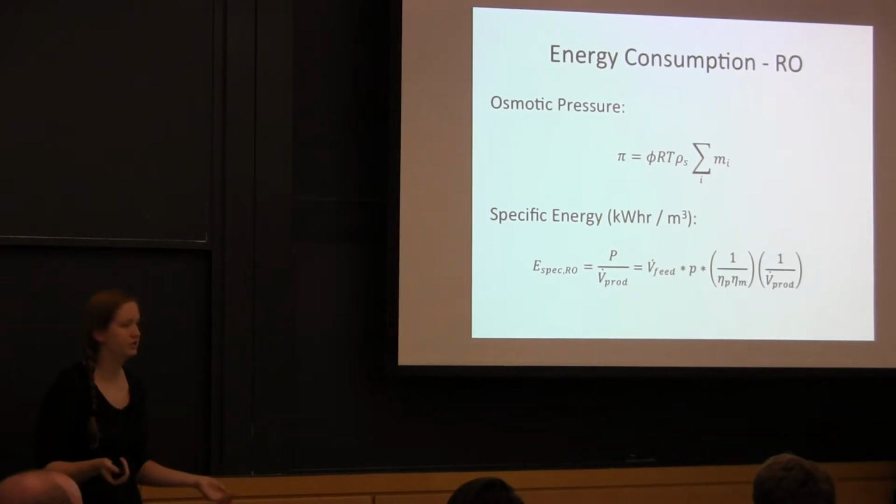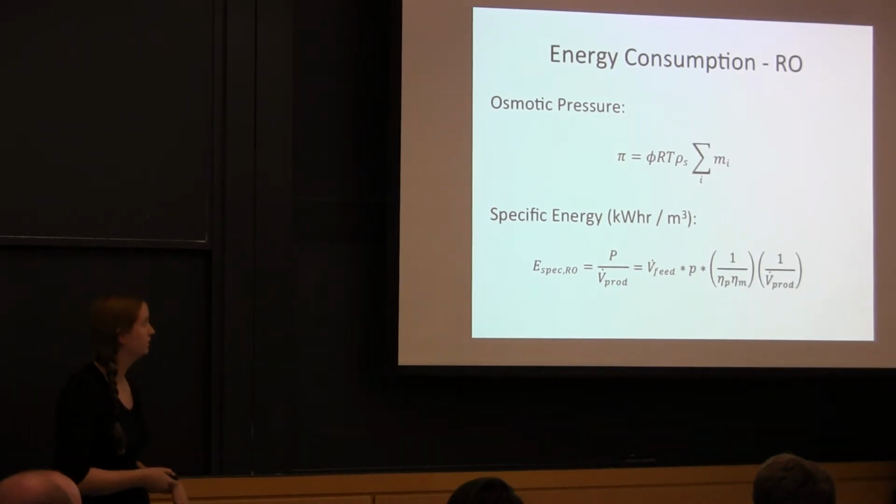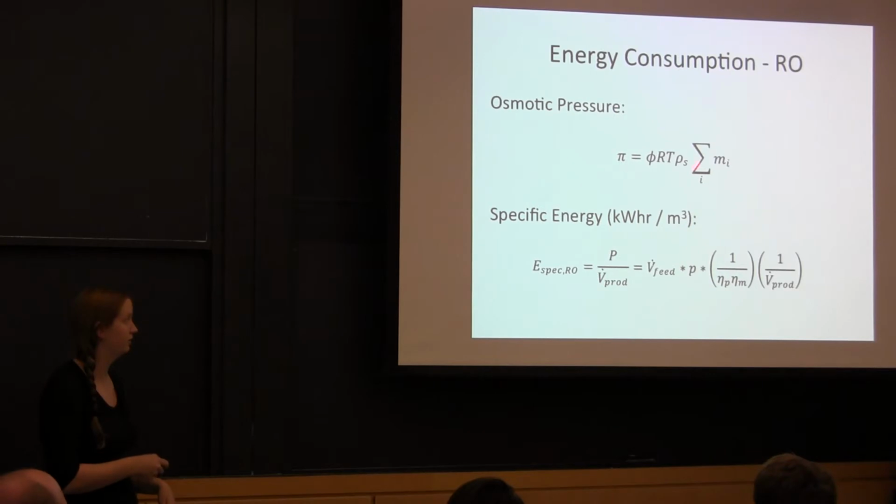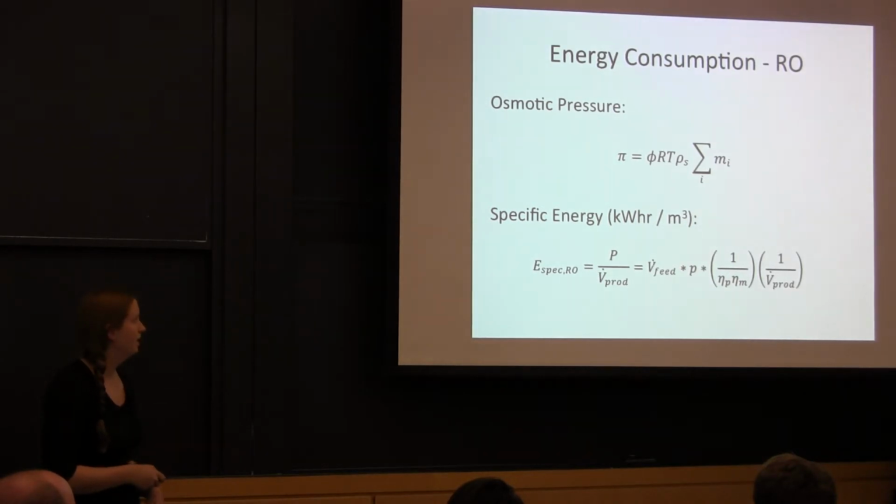Some of the governing equations, if you were to do a first order cut at this: the osmotic pressure is a function of the molality of the stream, and the specific energy is a function of the applied feed pressure, as well as some efficiencies of your pumps and motors.